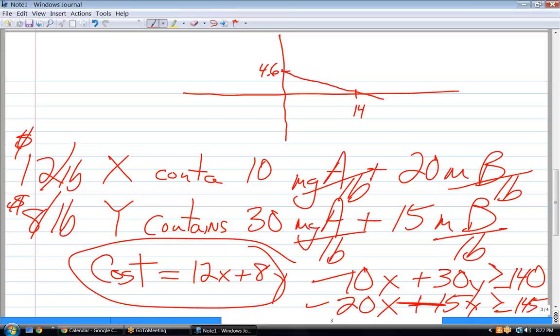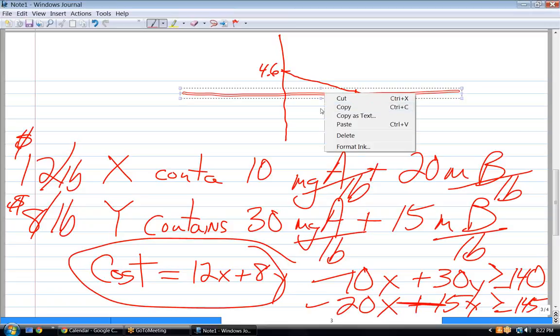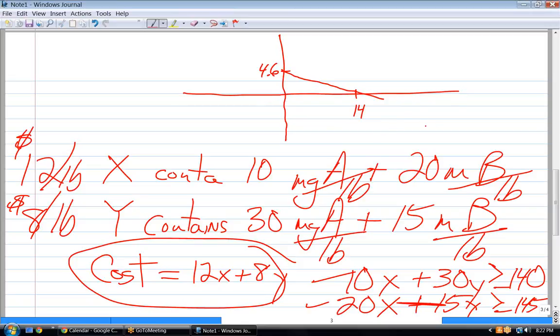And the second one, the X coordinate is 7.25. And then 9.6. Hold on.